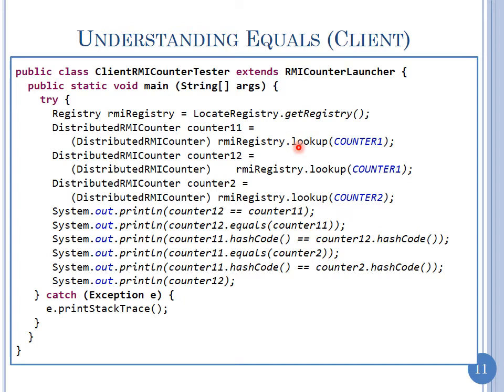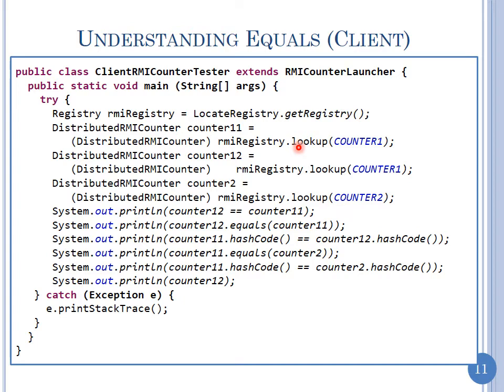Okay? So counter 1-2 equals counter 1-1 is false. Counter 1-2 equals counter 1-1. Why? What value are they saying? Is the same? So is the equals method called locally or remotely? The toString method was called locally or remotely?